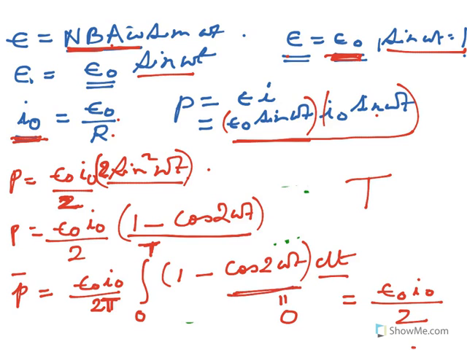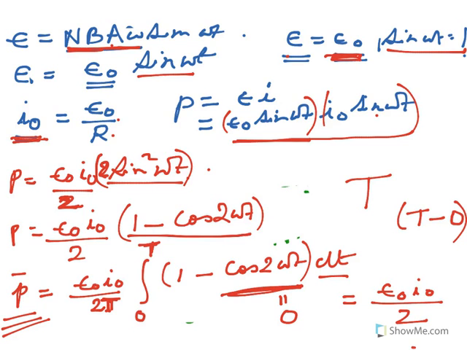On integration, this part becomes equal to 0 and this part becomes equal to T minus 0. So the T in the numerator and denominator get cancelled and you are left with average power equal to E0 I0 by 2.